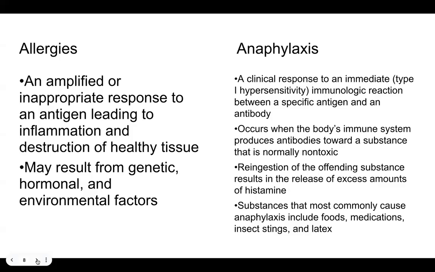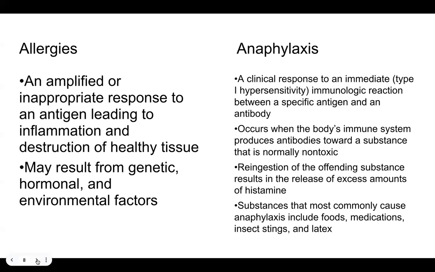When somebody has allergies, we always want to be on the lookout for anaphylaxis. Anaphylaxis can occur from just about anything, an allergic reaction to an extrinsic or an intrinsic factor. An allergic reaction to a medication is a good example.